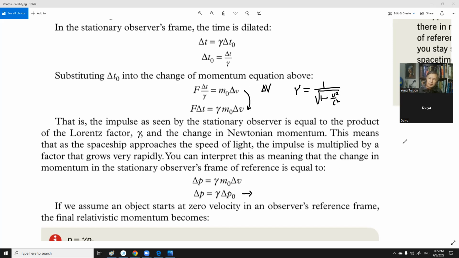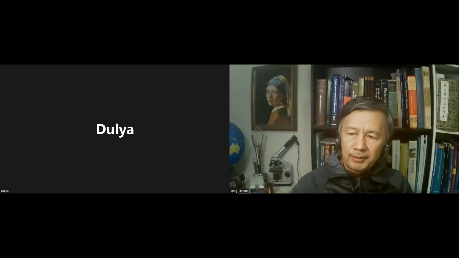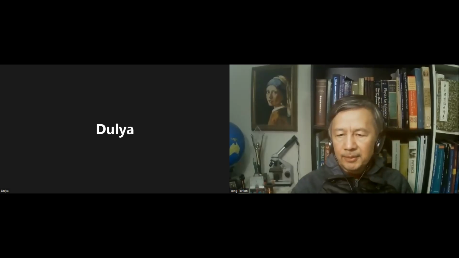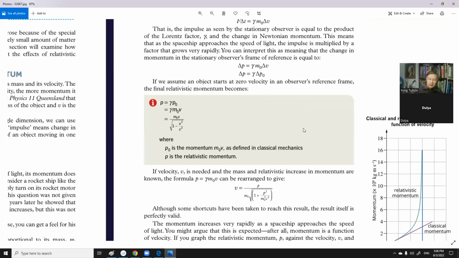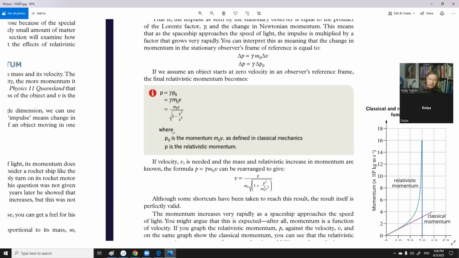So that is how the textbook demonstrates this relativistic momentum. Sometimes you can look at the reference textbook to see what is required. So that is how they introduce the formula.